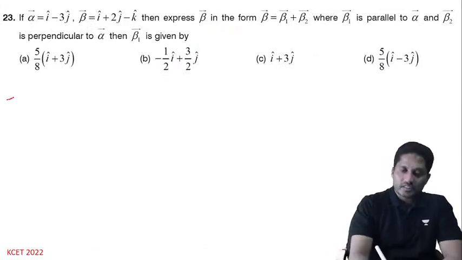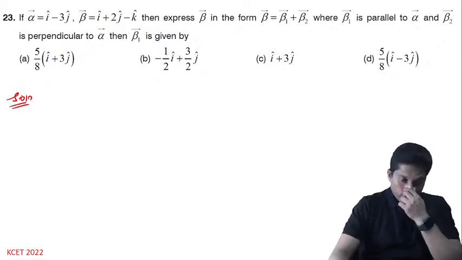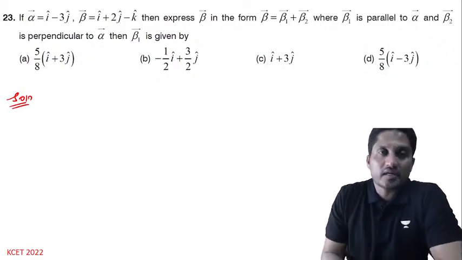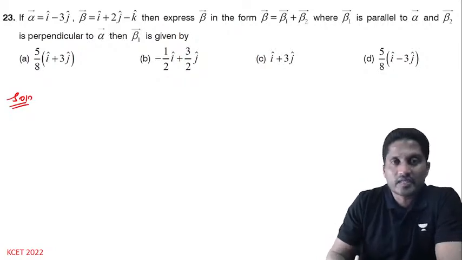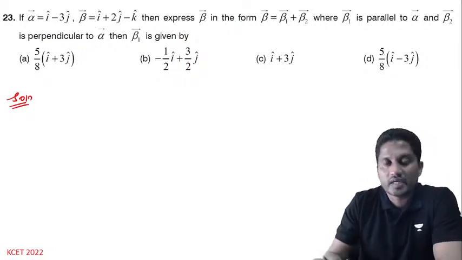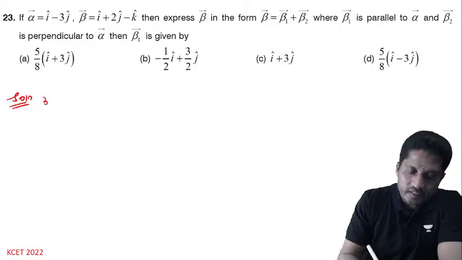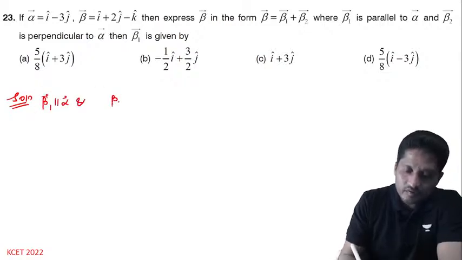Okay, there's a similar question in NCERT, a miscellaneous worked out example. Alpha and beta vectors are given. Beta is equal to beta 1 plus beta 2. It is given in the question that beta 1 is parallel to alpha and beta 2 is perpendicular to alpha.